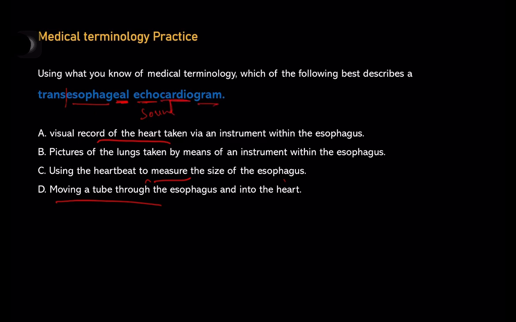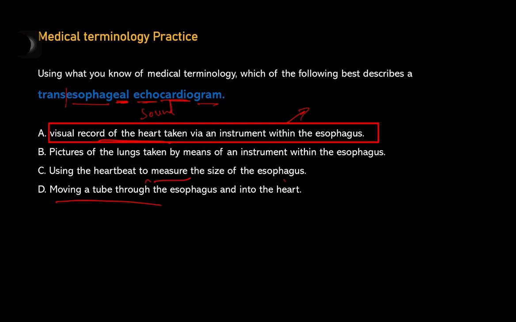And gram means a record. So what does all of this finally mean? It simply means a visual record of the heart taken via an instrument within the esophagus. Why is it within the esophagus? Because we're saying trans, right?